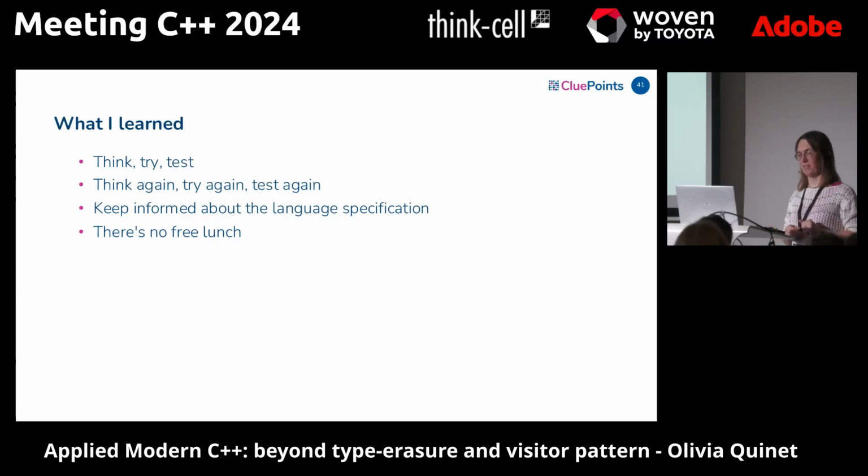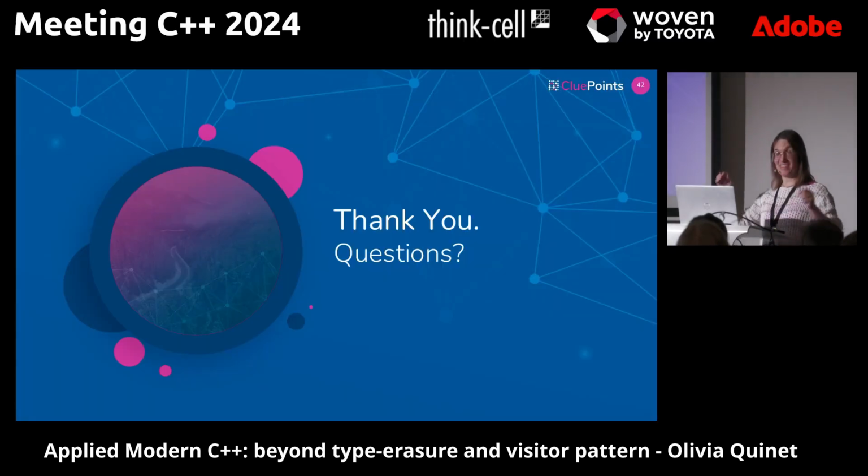Also, I had to read a lot of language specification and learn new stuff to do this implementation, and I suggest all of you keep informed and learn new stuff and try new things, even if it sounds crazy at the beginning. So, thank you. Do you have any more questions?